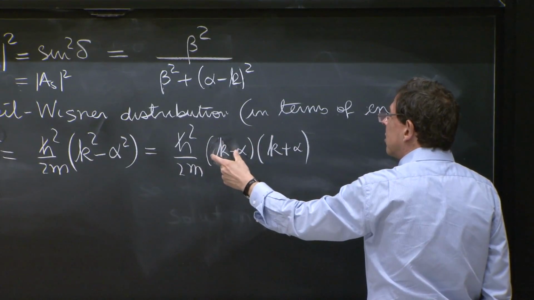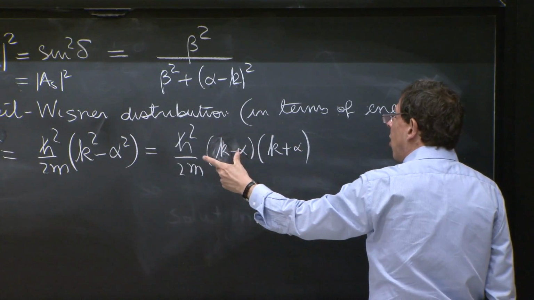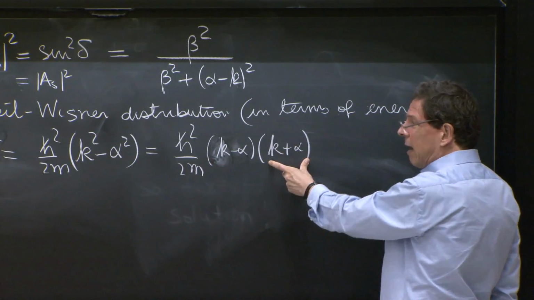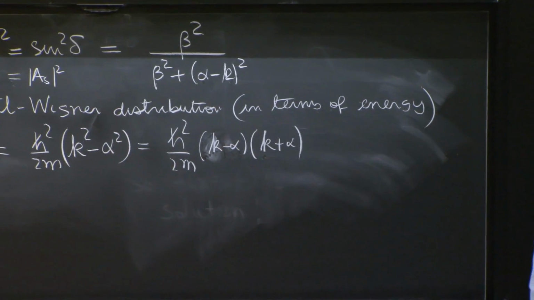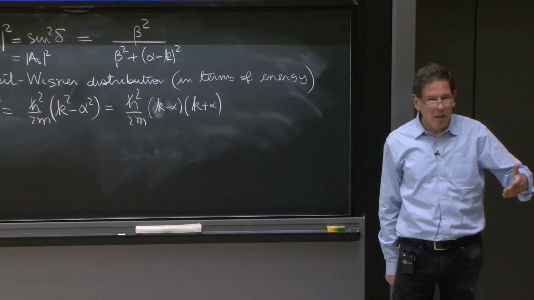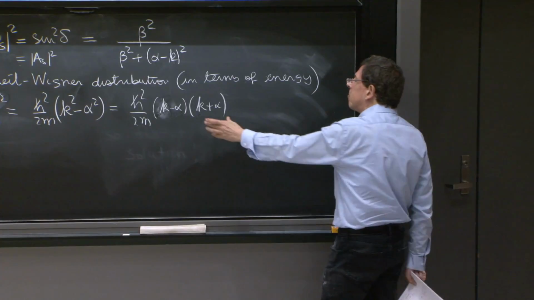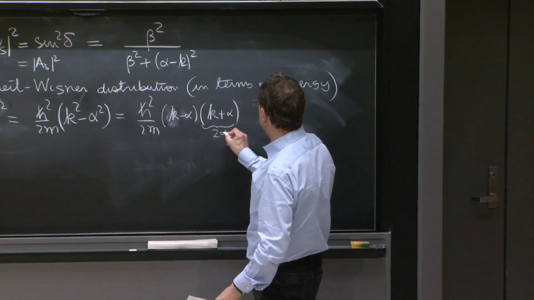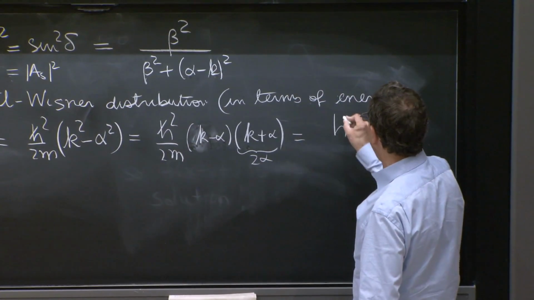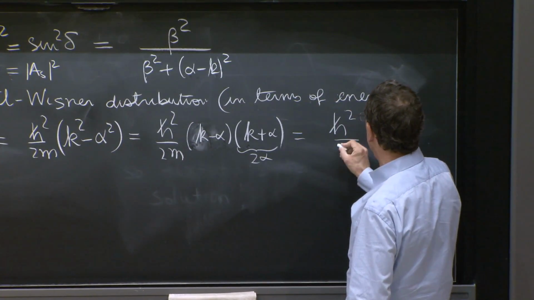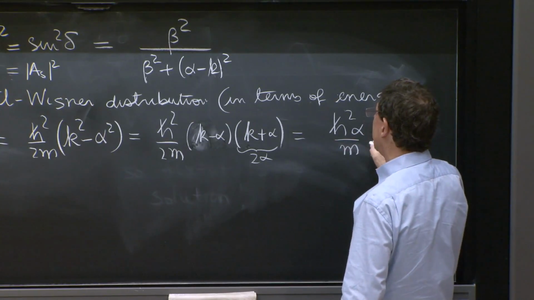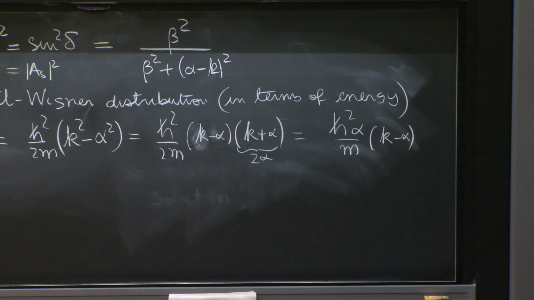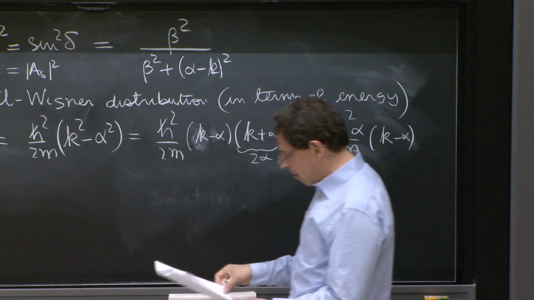So when k is close to alpha, all the dependence is going to be here. This is going to be about 2 alpha when k is near alpha. And if it's a little more than that, it doesn't matter because it's subleading. So this can be approximated to 2 alpha. And therefore this becomes h squared over m times alpha times k minus alpha. So that's a little help.